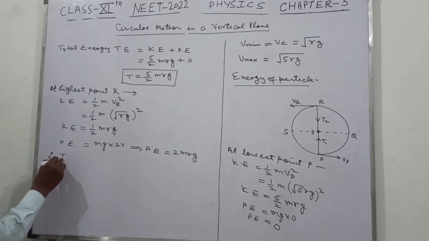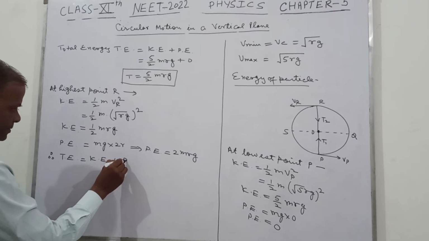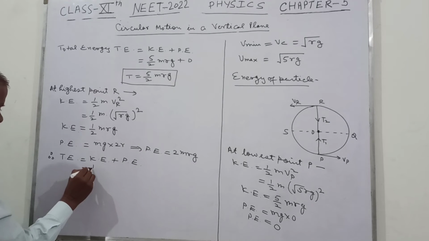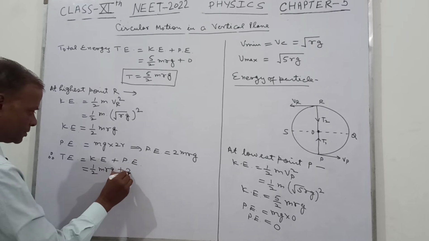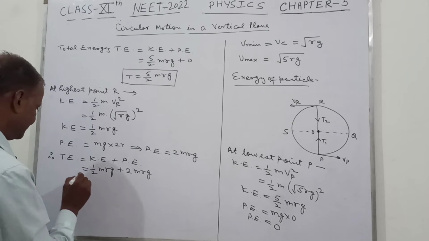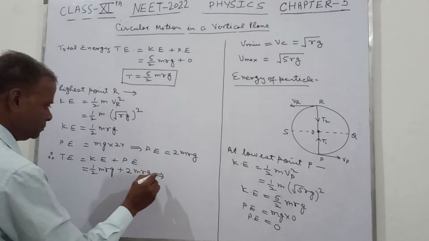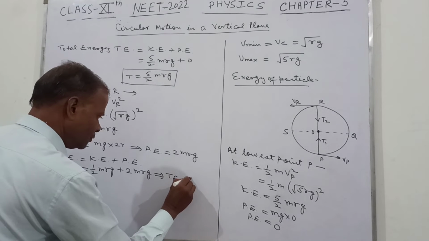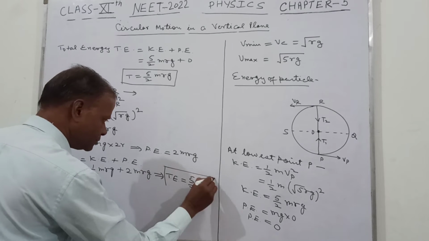Therefore total energy is equal to kinetic energy plus potential energy. So kinetic energy is 1 by 2 mRg plus this is now 2 mRg. So total energy is equal to 5 by 2 mRg.